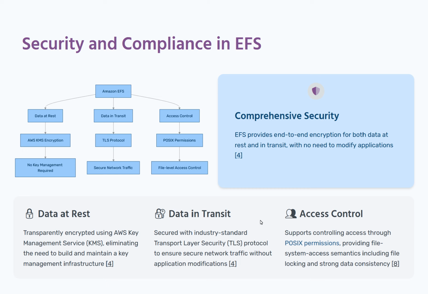Then access control through POSIX permissions, and no key management is required for data at rest. TLS provides secure network traffic. Then you can set file-level access control through IAM, I believe. For data at rest, KMS eliminates the need to build and maintain key management infrastructure. Data in transit uses standard TLS, and then POSIX.